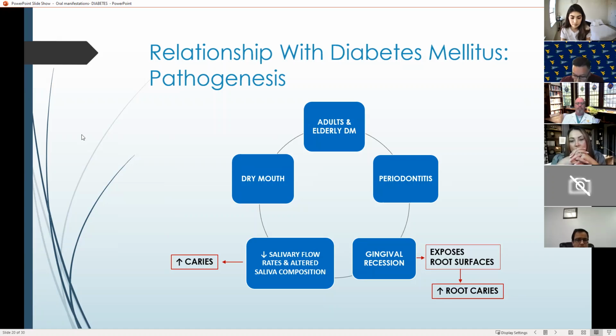This is associated with gingival recession, when the gums are receding, which exposes dental root surfaces that then become susceptible to root caries. In the crown of the tooth, we have the enamel. In the root, we have cementum. Cementum is less mineralized than enamel. So when the root of the tooth is exposed, that part of the tooth is more susceptible to the attack of the acid of the bacteria.